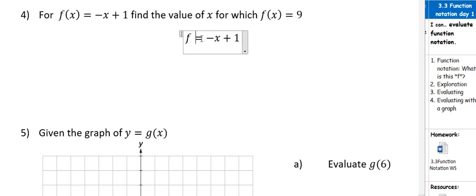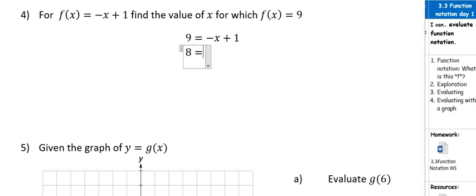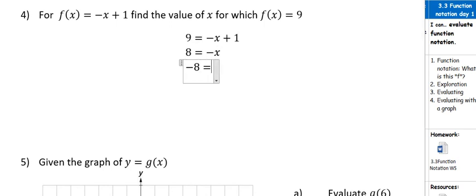So I get rid of f of x and I put in a 9. Subtract 1 from both sides, 8 equals negative x. Multiply both sides by negative 1, and I get negative 8 equals x. That's my answer. That's my solution.